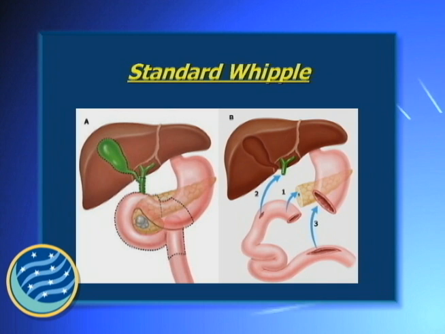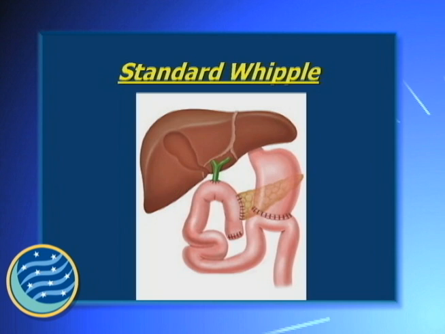The picture on the right shows two things. It shows what's left after all of that tissue has been removed, and it also shows how we put things back together. One eats and drinks again. The food goes into the stomach as it used to do. There's less stomach now, but it still goes into the stomach.